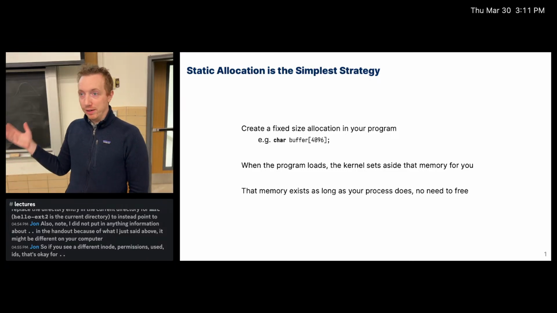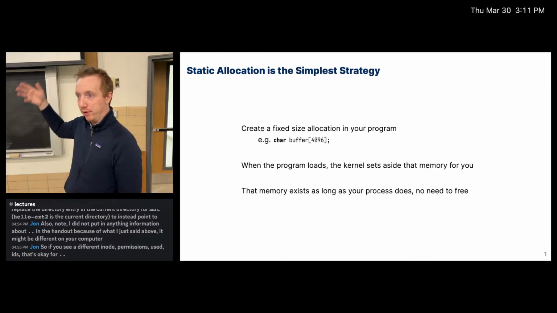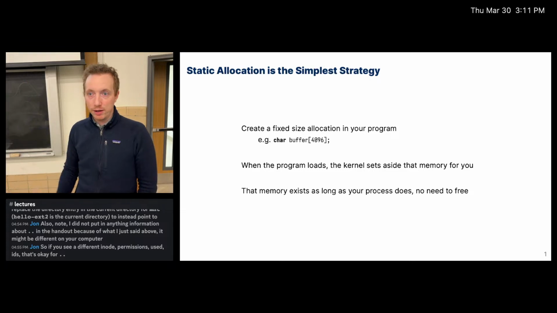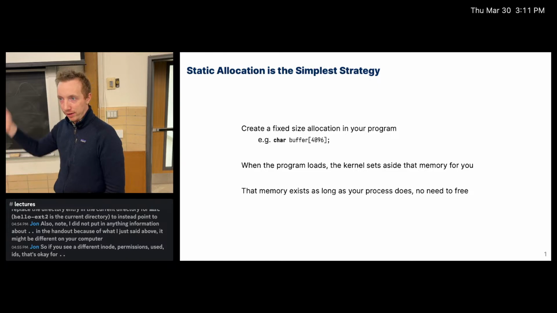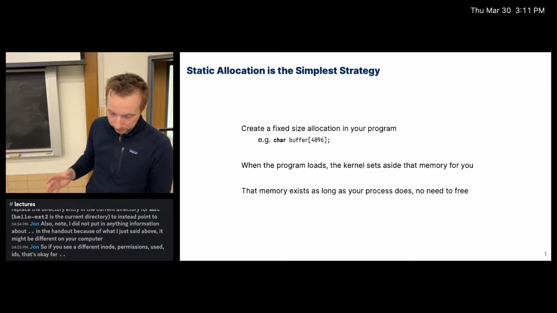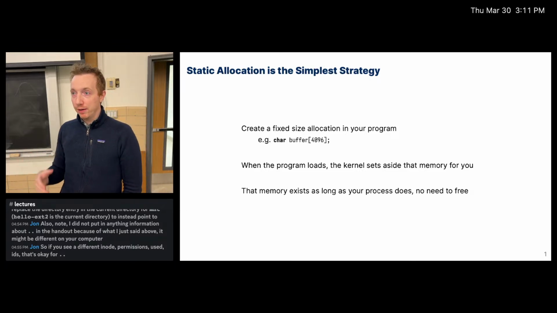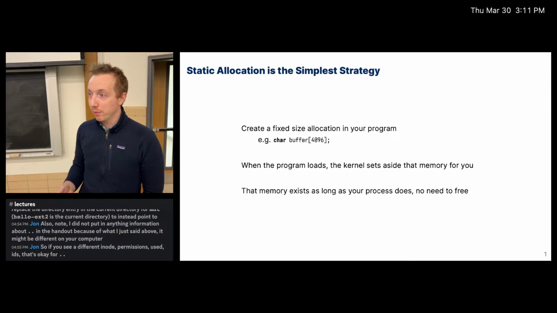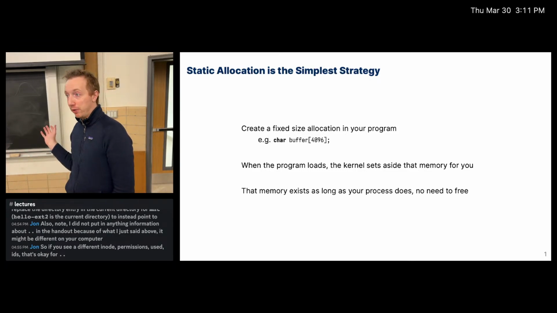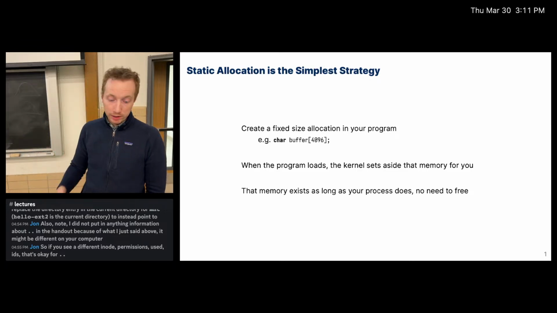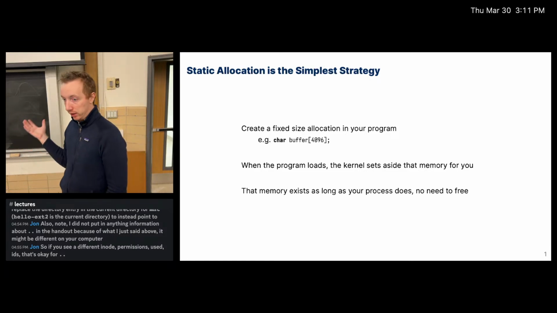So this is all fixed size allocation. If you have a global variable called char buffer and you give it the size of a page, well, that variable called buffer is going to last as long as your program lasts, as long as you put it in global scope. So that's part of what the kernel and your compiler does. Whenever it loads the program into memory before it starts executing anything, it will make sure to set aside some virtual memory for that buffer and then give you the address so you can actually use it.